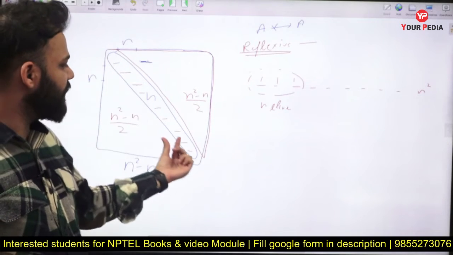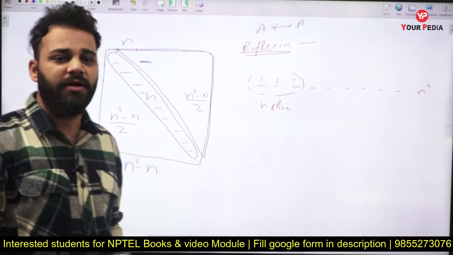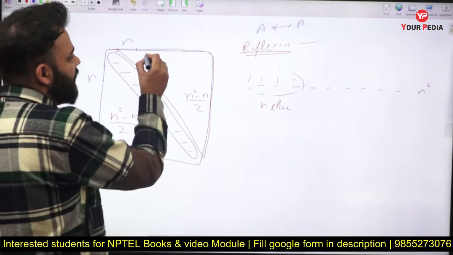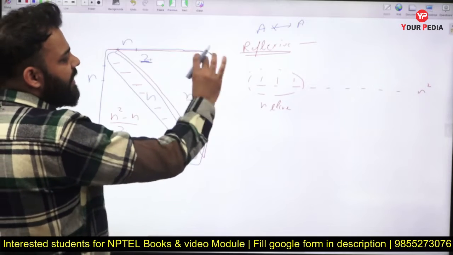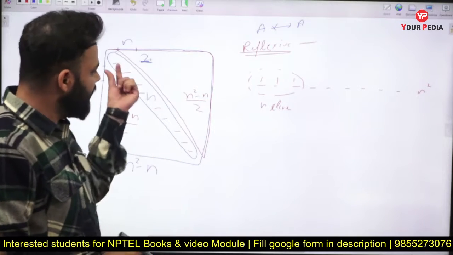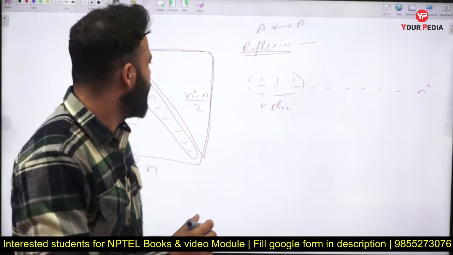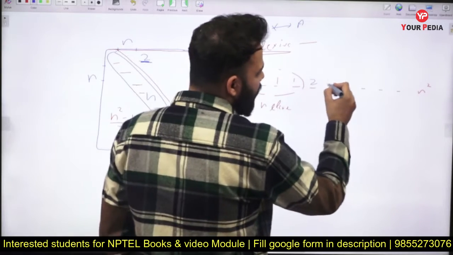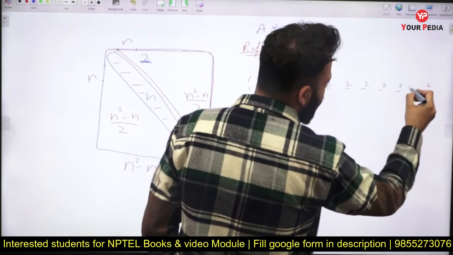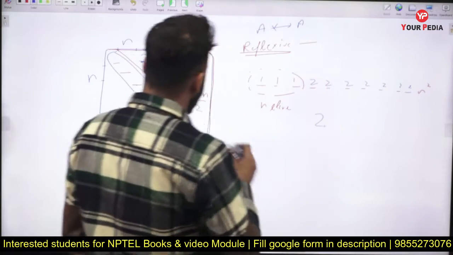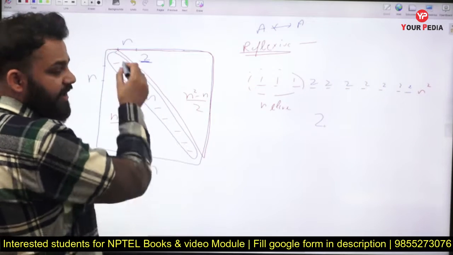So the presence of this element will not affect our answer. The answer for reflexive relations will always depend only on the diagonal elements. So this element can come and cannot come, so it will have two options. Similarly, every other element will have two options. Only diagonal elements will not have any option. They have to come in any case. So the total number of such elements will be n square minus n, because we have taken n elements here.